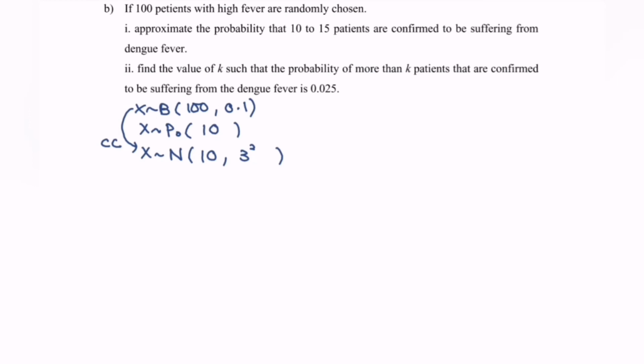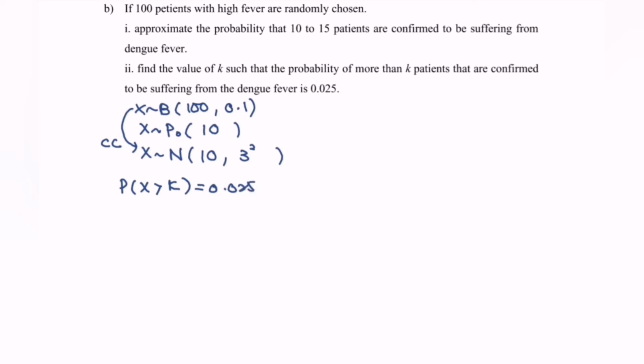Next, number 2. Find the value of k such that the probability that more than k patients, so here we have x and k, more than k patients are confirmed to be suffering from the fever is 0.025.